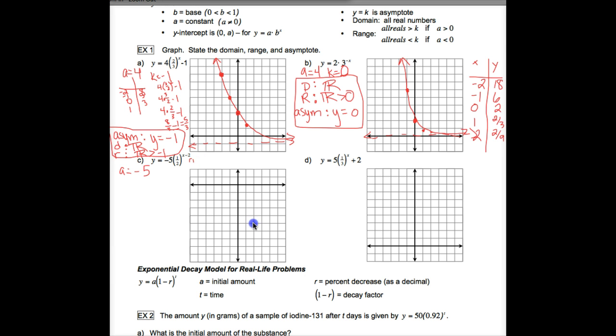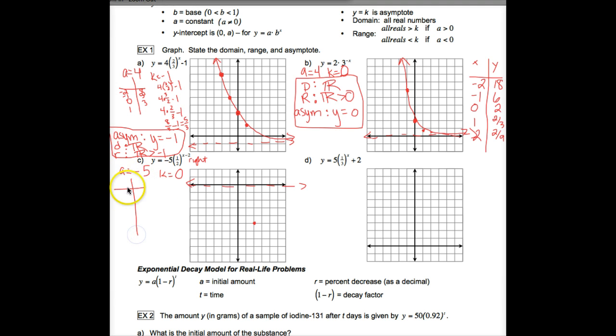So I graph that. Notice that my k again is 0. H is 2, but k is 0, which means that again my asymptote is going to be here on this axis. Now, the reason it's down here is because the a is negative. Remember, when the a is negative, it flips, it reflects over the axis. So we know we're going to be looking at it essentially upside down.